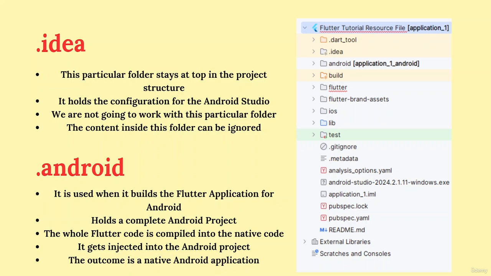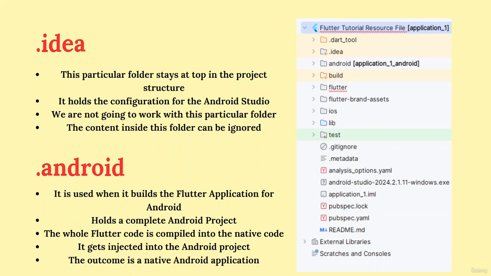If you remember, when I was creating a new Flutter project, I selected that I want to build an application for Android and for iOS. So it holds a complete Android project. For developing an Android project, whatever code we need, it holds all of that inside this project.